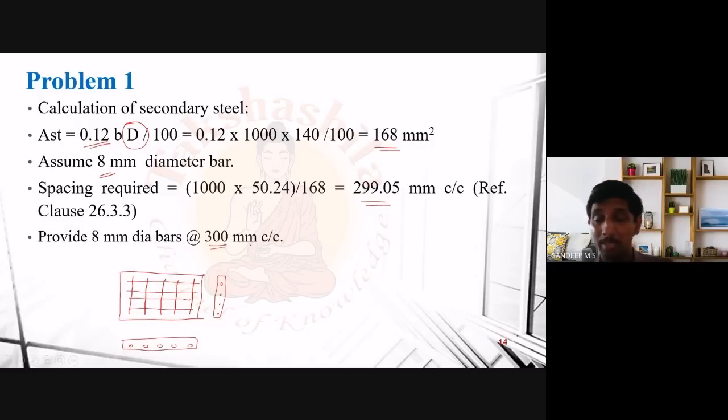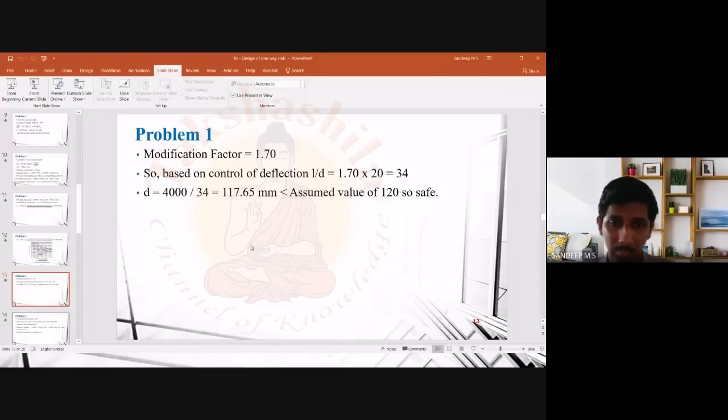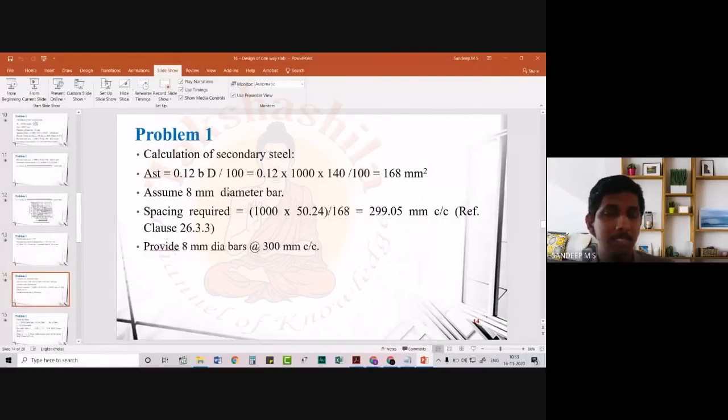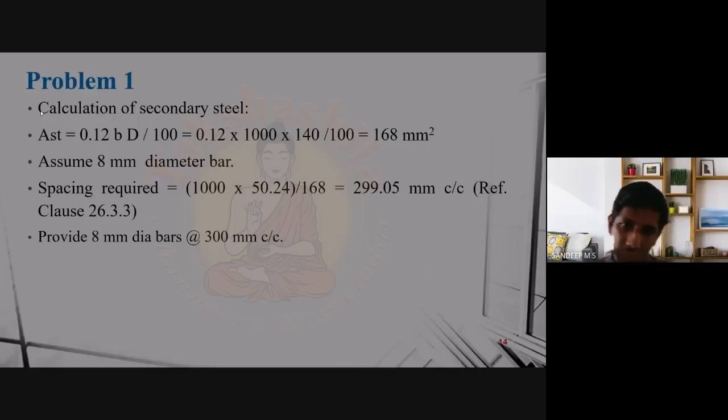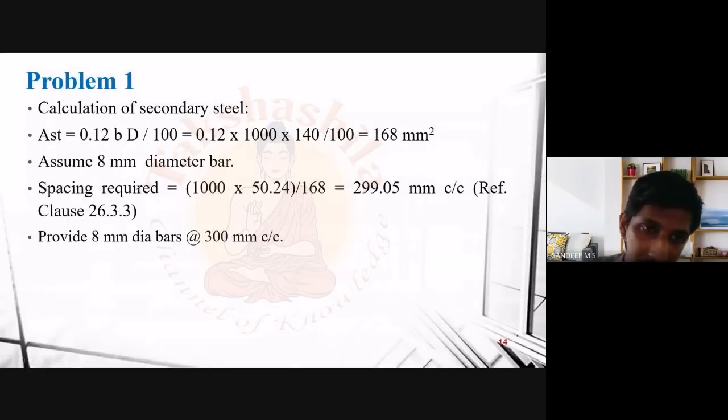Again, you have to check the condition of the code, which mentions that for the main reinforcement it was 3 times your depth or 300 millimeters, whichever is smaller. But for secondary reinforcement, I hope it is 4 times your depth or 450 millimeters. Please cross check the correct value in the respective clause of the code.